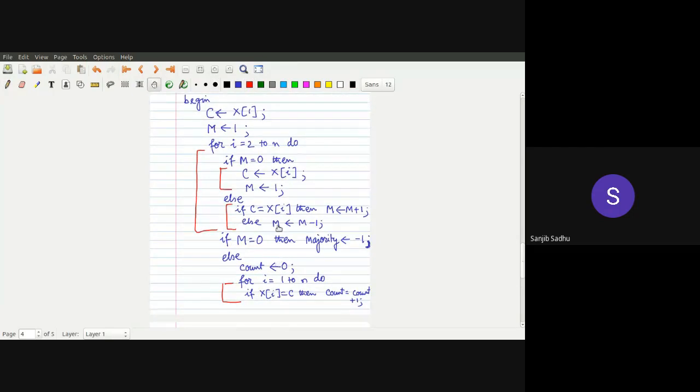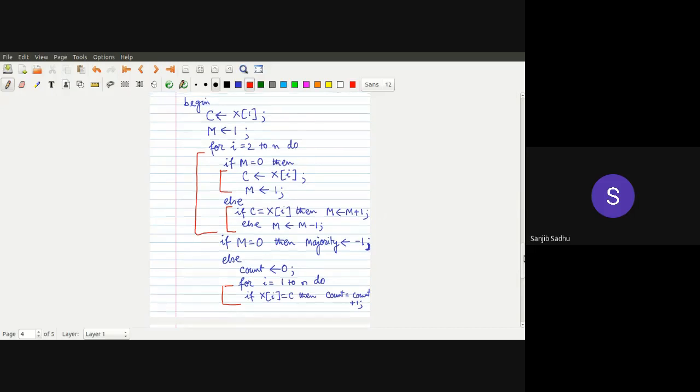Here it may be true or false, but you are just comparing the first two elements, then second, third, fourth, fifth, sixth, like this, n-1 comparisons to find a candidate. Is it okay or not? In this step only I need n-1 comparisons, and n-1 comparisons to check whether that is really a majority or not.